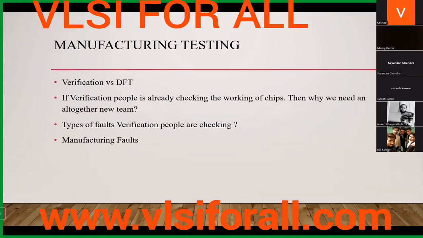That is not a part of DFT altogether because we don't have a fab here, and we call those people test people. So it goes from inserting the design for DFT till the pattern delivery.